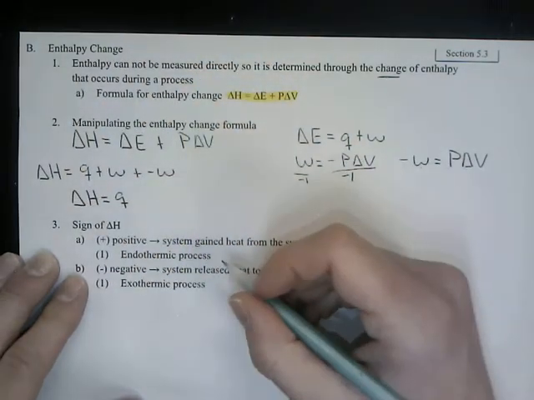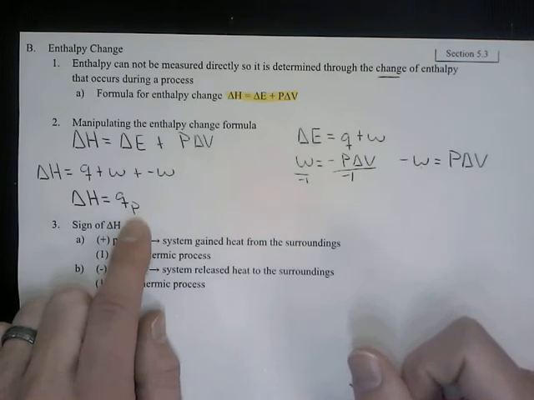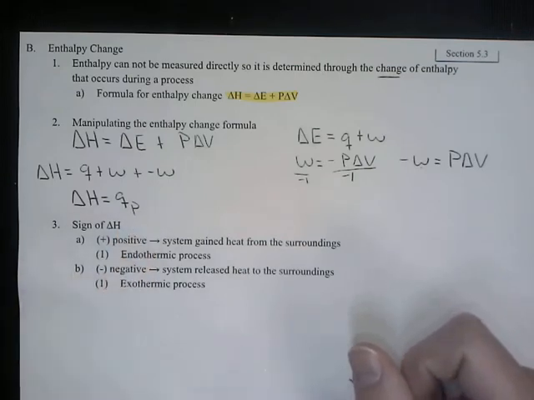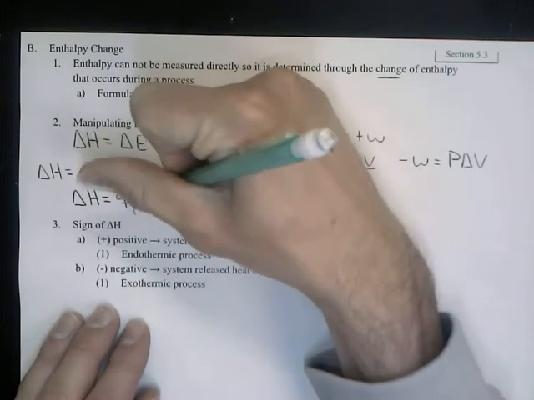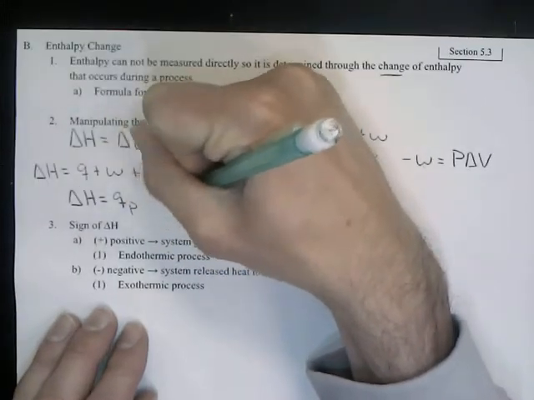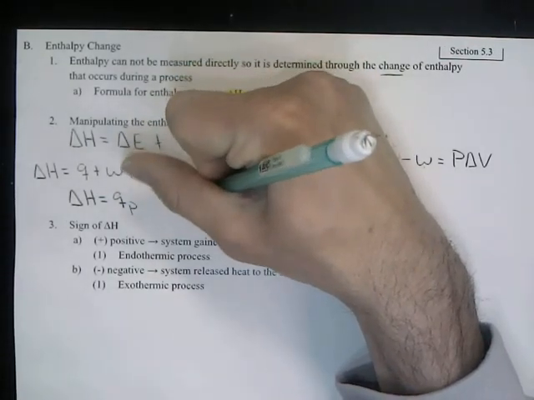Now, we're going to add one additional thing. We're going to call this QP to say that this is our heat change under constant pressure. So again, QP equals heat change at constant pressure.